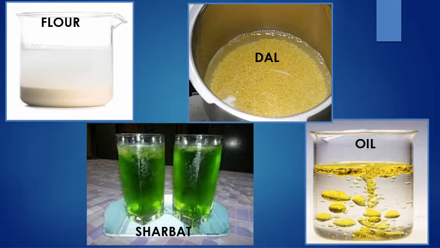When flour, dal, sharbat, oil are added to water, we can see that the color of the water changes. But when cooking soda is added to water, the color of the water does not change.